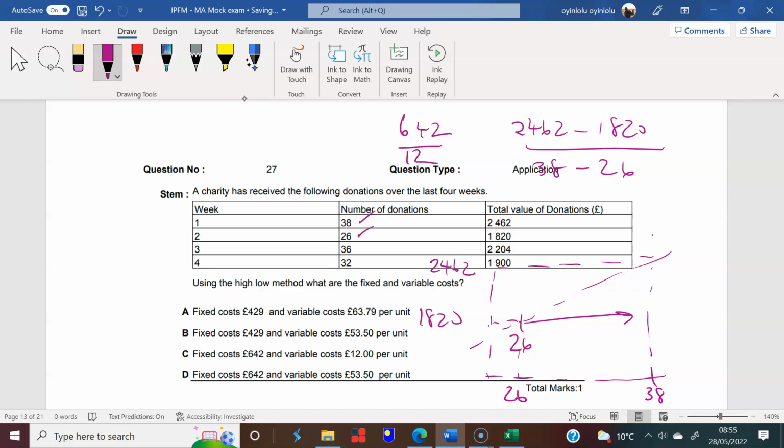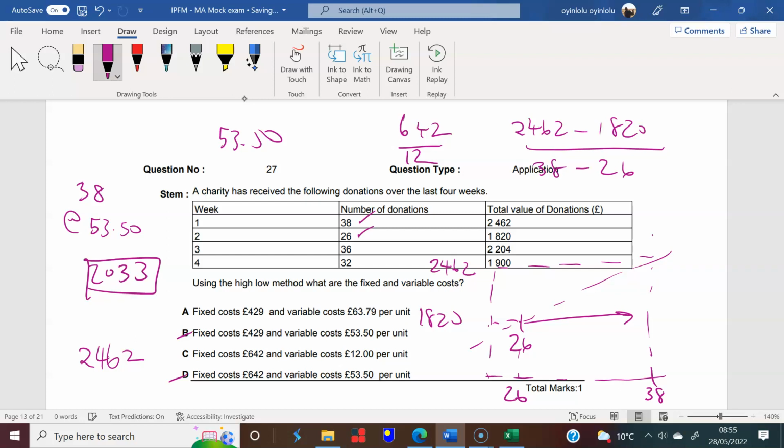So the variable cost is £53.50, so it's either B or D. We're halfway through, so we just pick one of them. We could pick the 26 or the 38. I'll pick the 38 this time. So you have 38 donations at a variable cost of £53.50 with a total cost of 2,462. 38 times £53.50 is 2,033.